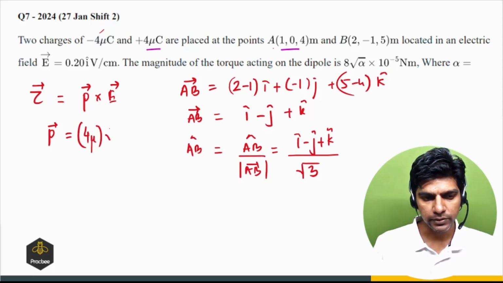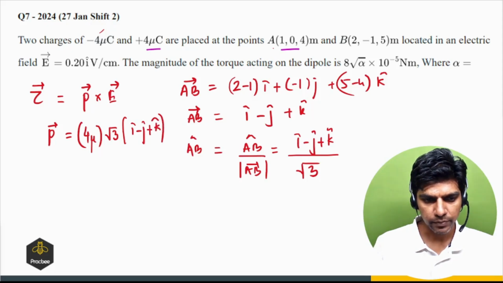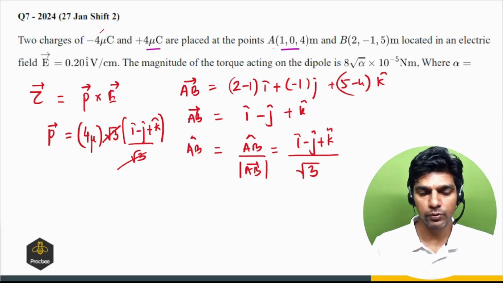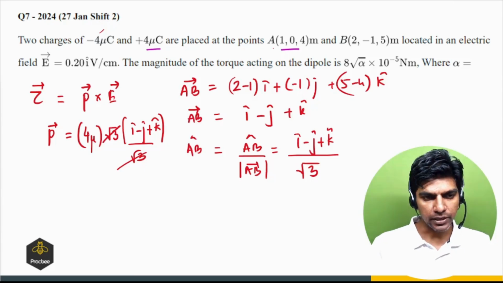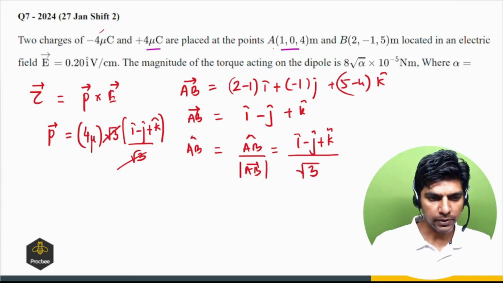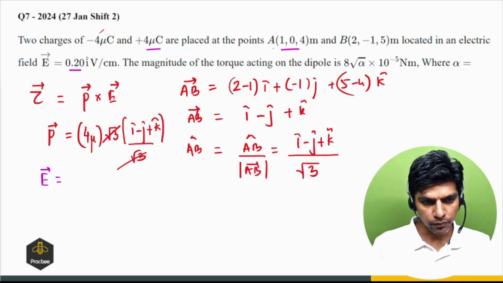So length of AB is root 3 and its direction is i cap minus j cap plus k cap by root 3. So that is the electric dipole moment. Now we have electric dipole in unit vector notation. Now we can apply the formula, right? So P vector is this, electric field is 0.2 volt per centimeter.